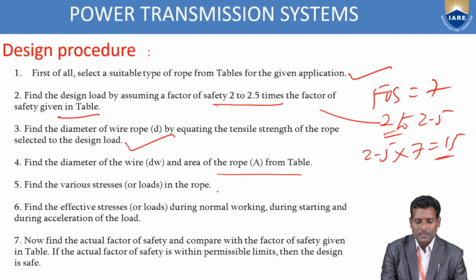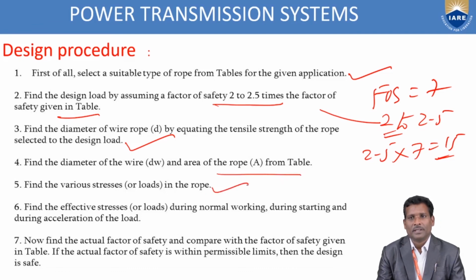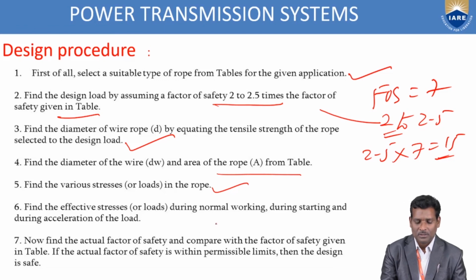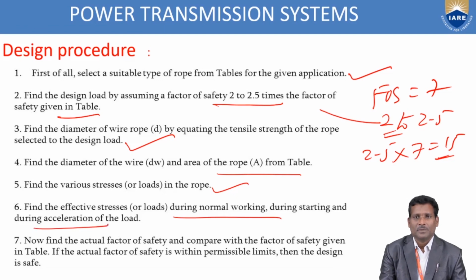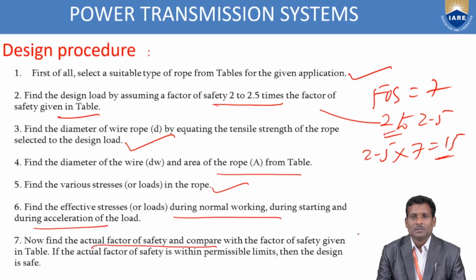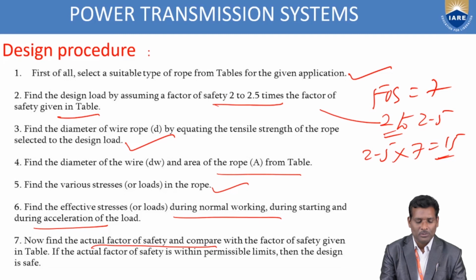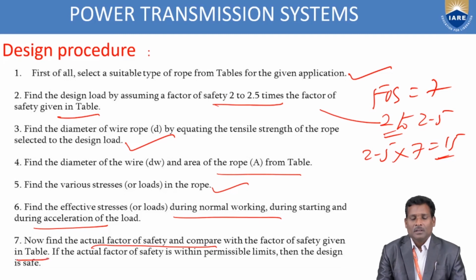Find the various stresses or loads acting on the rope. The next step is to find the effective stresses during normal working and during starting and acceleration, as we discussed in the previous slide. Finally, find the actual factor of safety and compare this value with the factor of safety given in the table.